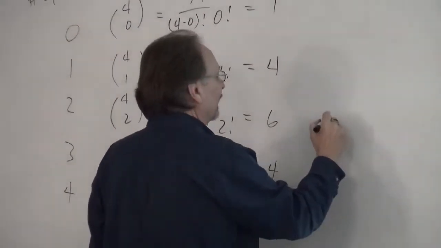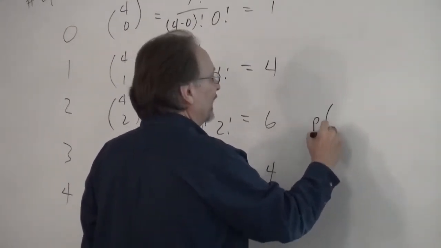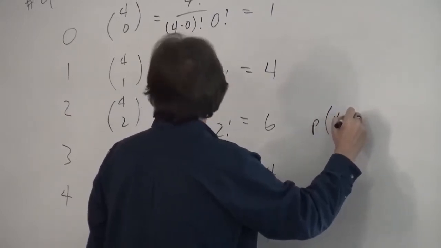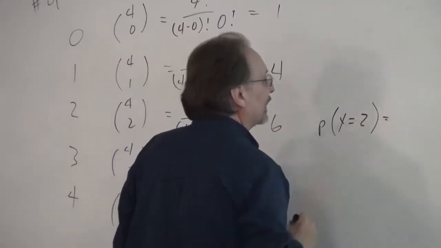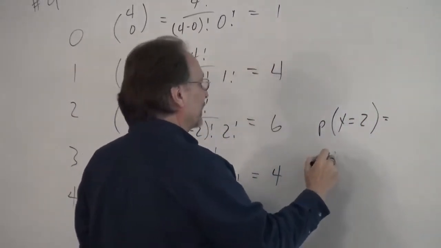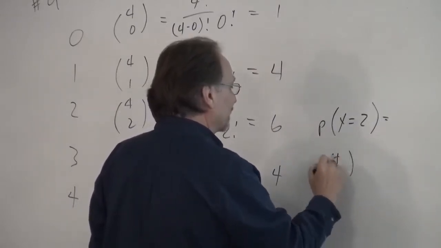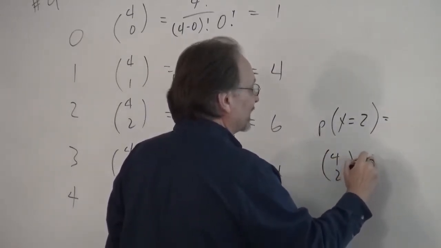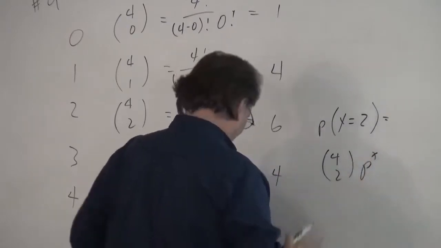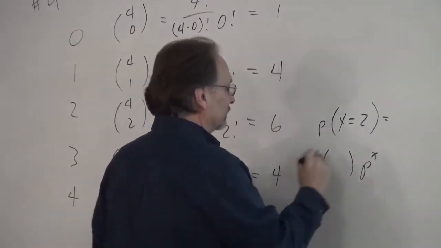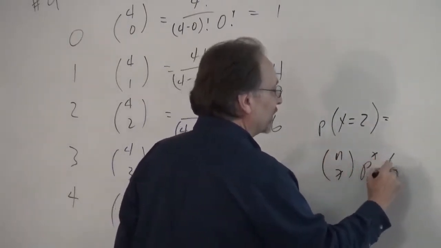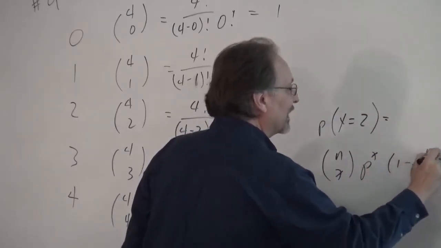That would be probability of x equals 2, and that comes out to 4 objects taken 2 at a time, p to the x. In general, n objects taken x at a time, p to the x, 1 minus p to the n minus x.